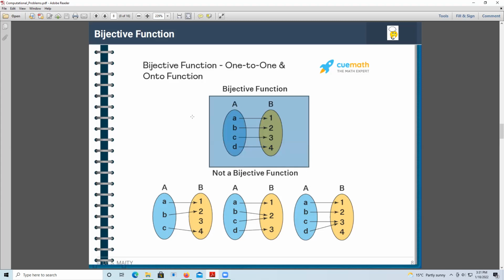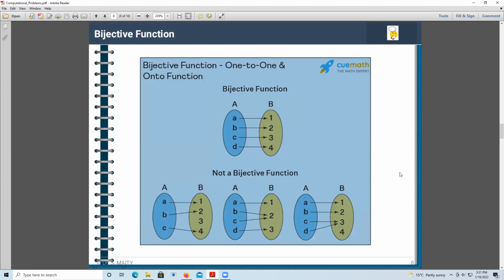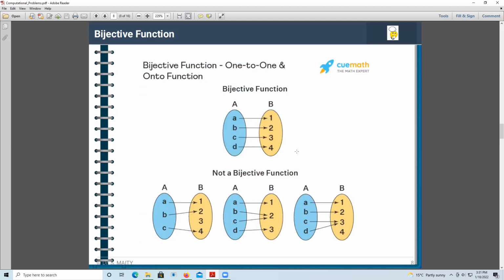Okay. So again, I repeat that. What is the observation? For a bijective function, for every single output in the codomain, you will get one and only one, that means exactly one input or pre-image, in the domain. That is a bijective function. Now let us observe, what was the definition of a function?